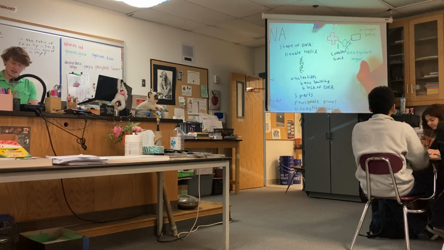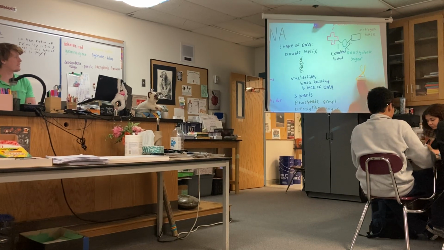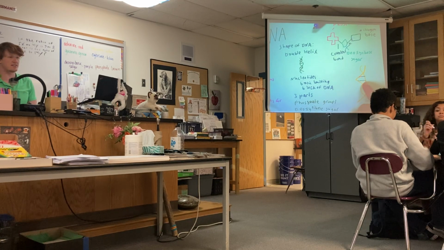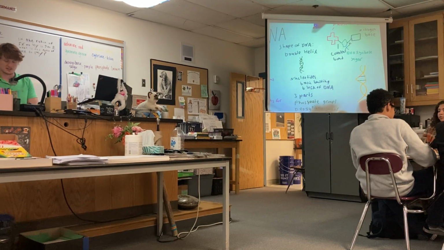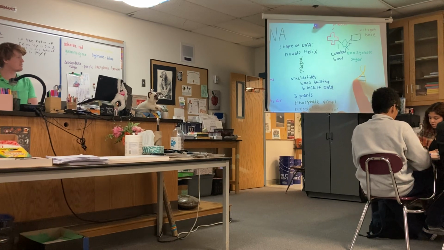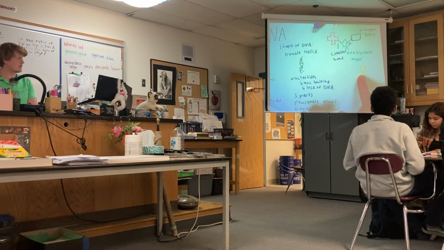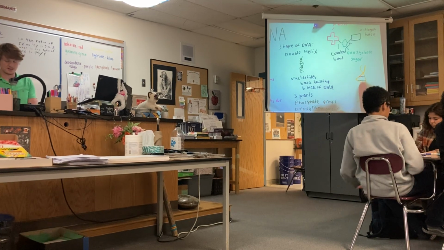In that yellow structure of the double helix, that's our phosphate and sugar because it's on the outside. But inside right here, those are our nitrogen bases. And remember, DNA has two strands, as you can see here. The strands bond to each other through bonds that happen between these nitrogen bases.